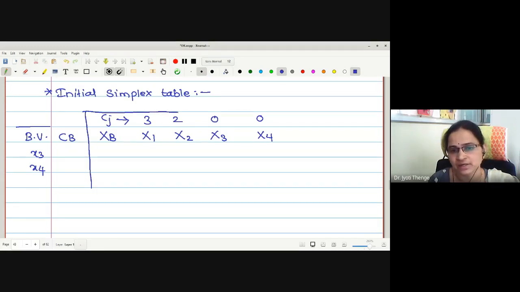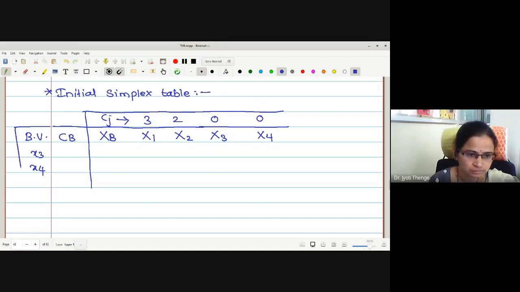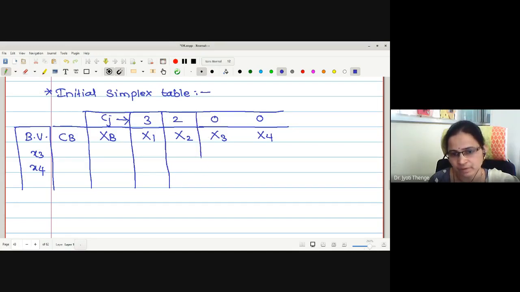On a pen tablet, it is very difficult for me to draw a straight line, so you have to bear with me. This is the table we were preparing. Now I want the values of CB.